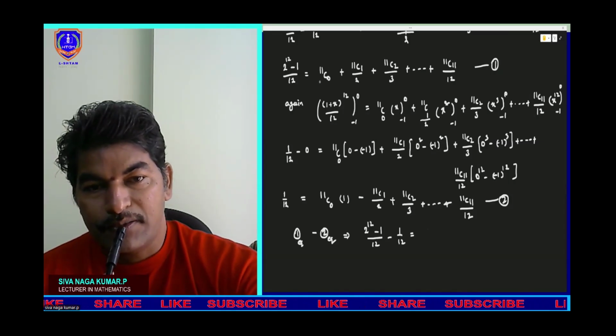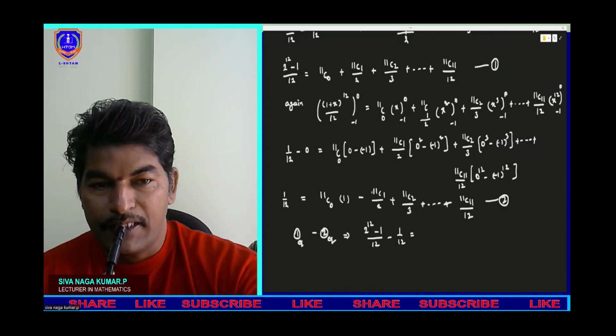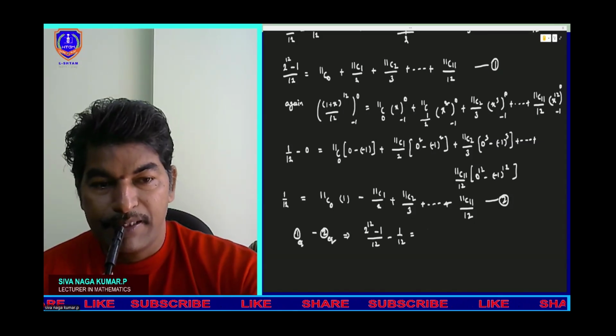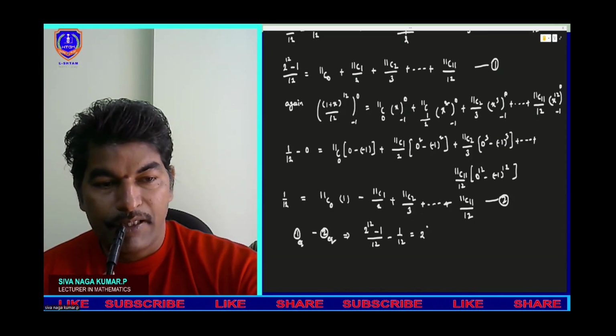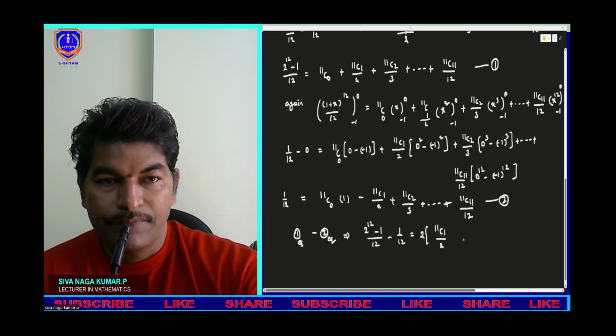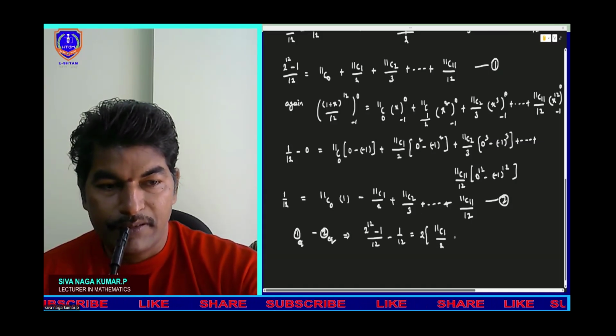This 11C0 cancelled with this 11C0, and this will be plus, because we are subtracting minus half, minus plus. So every number will be double and odd numbers left with even denominator, okay?